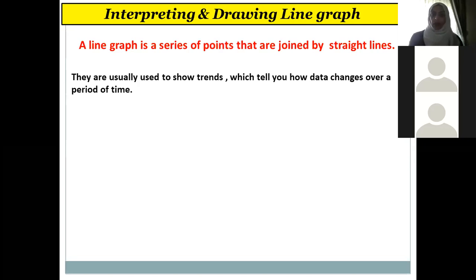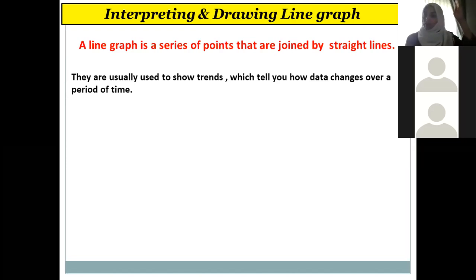Earlier we were talking about the frequency polygon. We have a horizontal axis with something that is changing, which could be mass, length, weight, whatever, and on the vertical axis we had frequencies. So the frequency polygon was showing us trends or patterns. A line graph in general shows the change in one piece of data, for example weight, mass, or height, over a period of time.